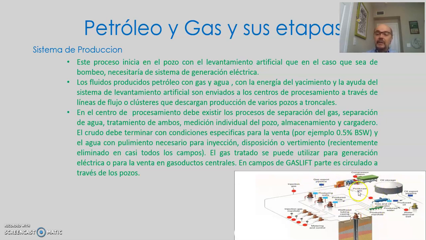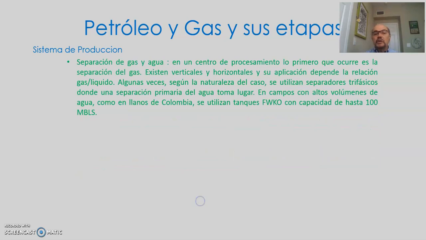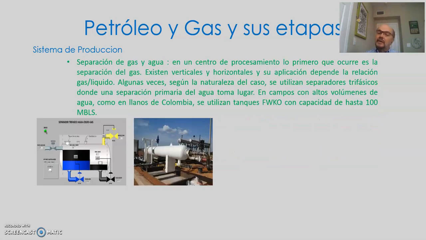And in some places, this process of separating the gas takes place in a CPF. So we separate the gas and we dehydrate in one spot. So you design your field according to your needs and the nature of your field.